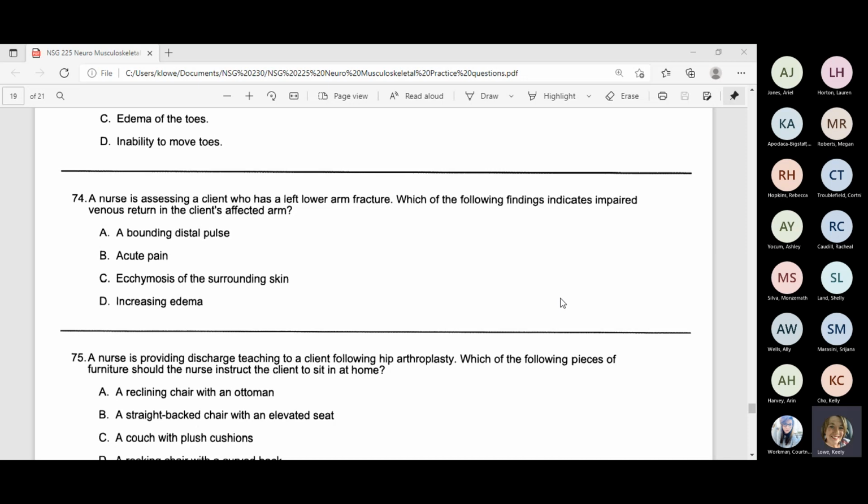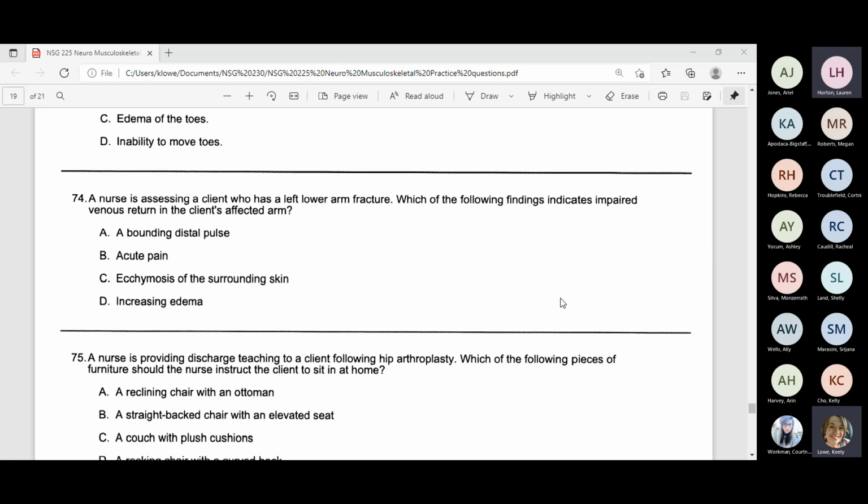What do you think? Impaired venous return. I want to say increasing edema, but I also thought bounding distal pulse, since it's further away because it's having no problem getting there, it just can't get back.